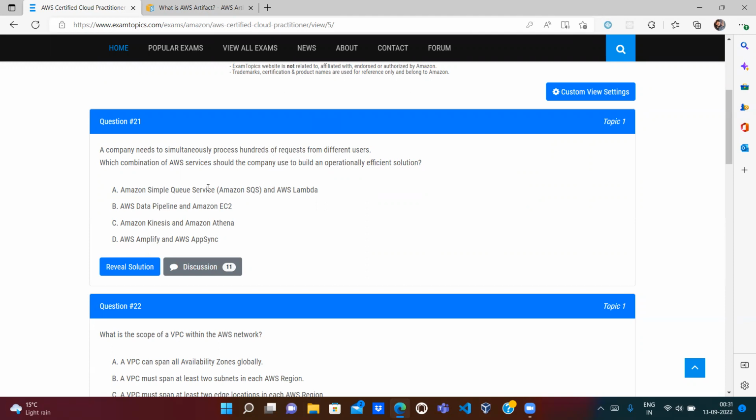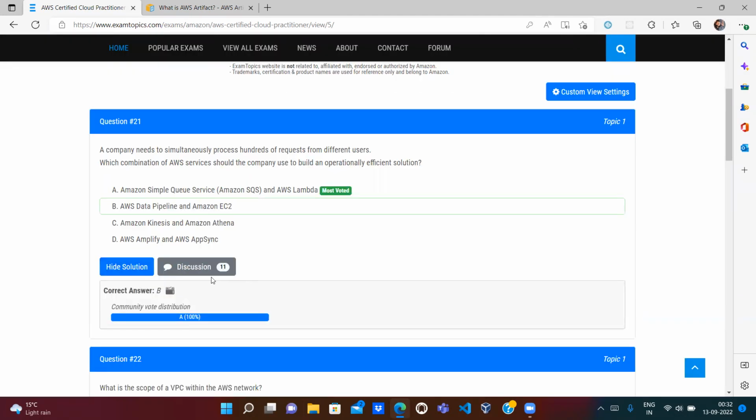This looks correct, because if there are so many requests, we can put them in a queue, and we can use Lambda to process those requests. A data pipeline with EC2 and Kinesis doesn't look right. Athena is just for running SQL commands on S3. AWS Amplify and AppSync, all these are wrong. So only A is correct.